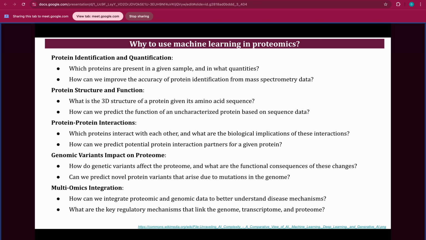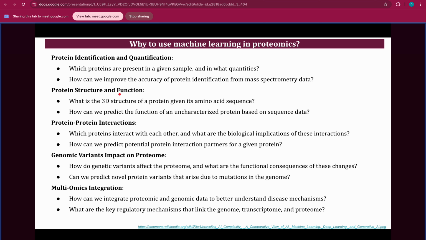In machine learning, you can give multiple samples at the same time, and it will predict the quantities as well as the proteins present in the sample. The second thing you can do is improve the accuracy of protein identification from mass spectrometry data. If you have a huge amount of data, you can see what the issues are, and in a machine learning model you can try to resolve such issues.